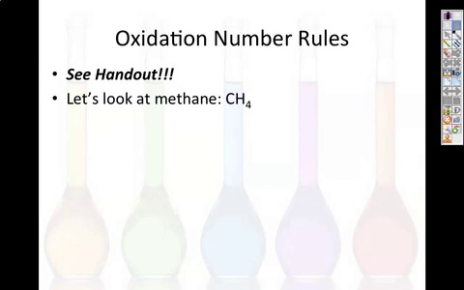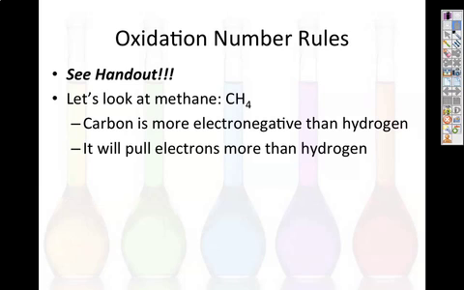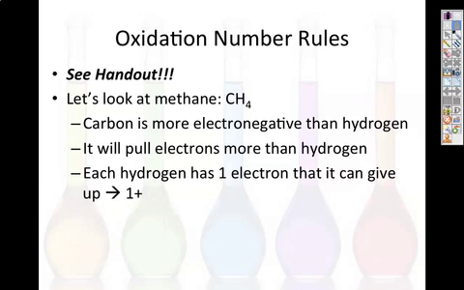Let's look at methane. Looking at that oxidation rule, we know that carbon is the more electronegative of the substances there. We've got carbon and hydrogen. Carbon is more electronegative. It's going to have the electrons around it more often. Each hydrogen has 1 electron that it can give, so that's a 1 positive charge.